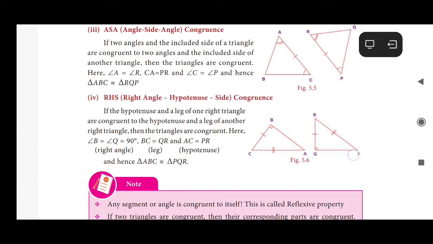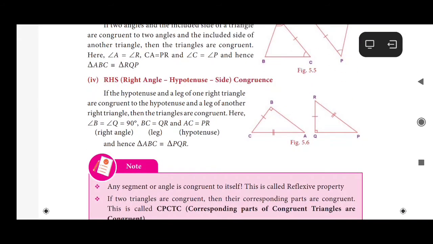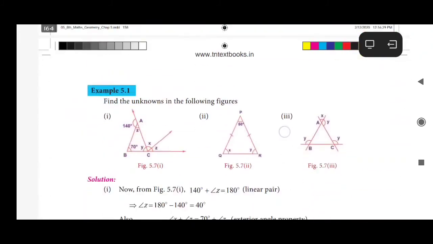This line is called the hypotenuse. In a right angled triangle, if the hypotenuses are equal and also any one of the sides, BC or BA, is equal, then the triangles will be congruent. Understand? So right angle, hypotenuse, side. These are the four properties.